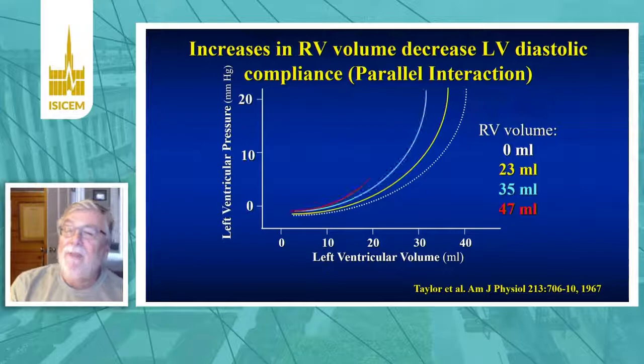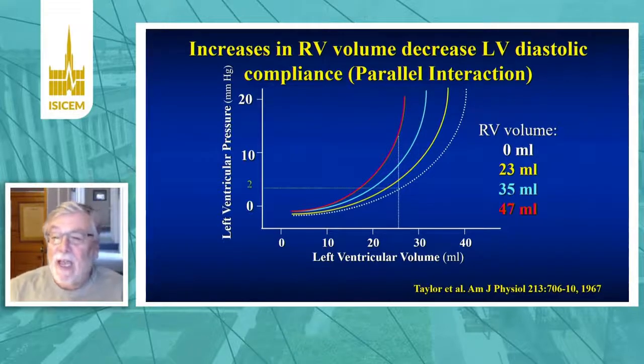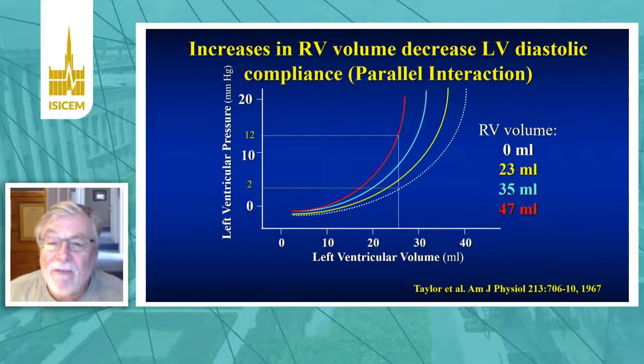If this is the basic left ventricular filling, and all we do is increase the amount of volume that was present in the right ventricle from 0 in white to 23 to 35 to 47 mLs, you can see that the left ventricle gets stiffer. So for the same filling pressure shown as 2, the amount of volume in the left ventricle falls.